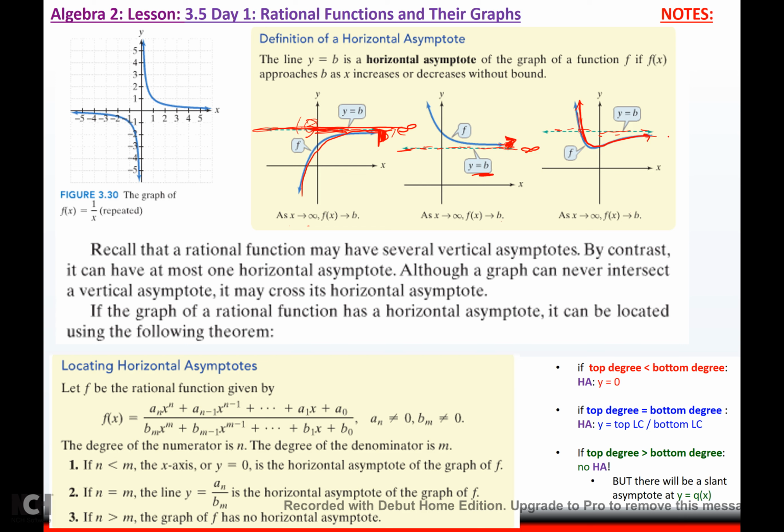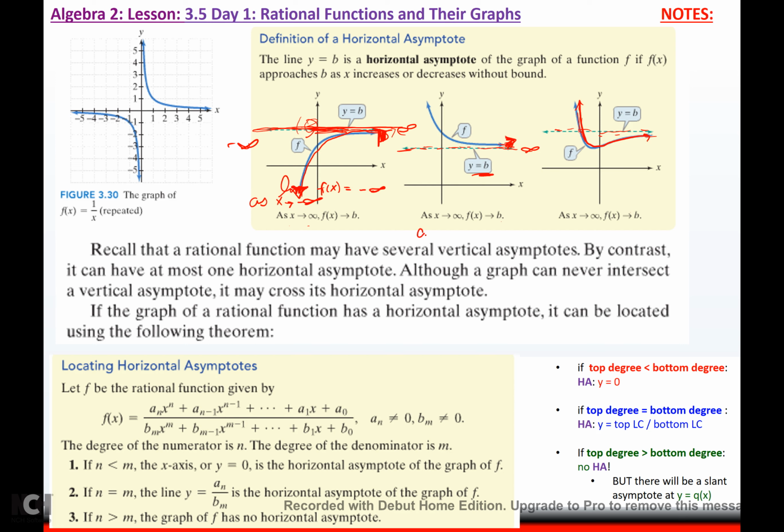And same thing on this side. If you did it the other way, as x approaches negative infinity, this is negative infinity, the arrow closest to negative infinity is pointing down, we would say that the function approaches negative infinity.